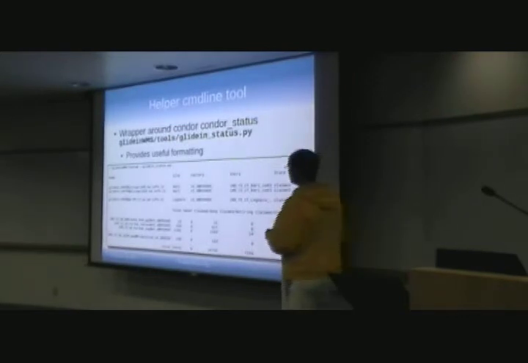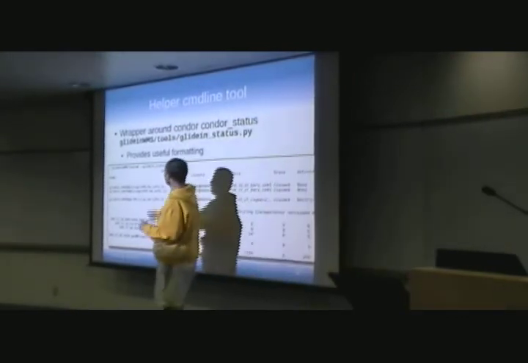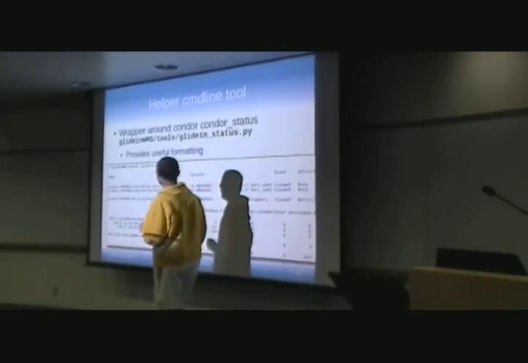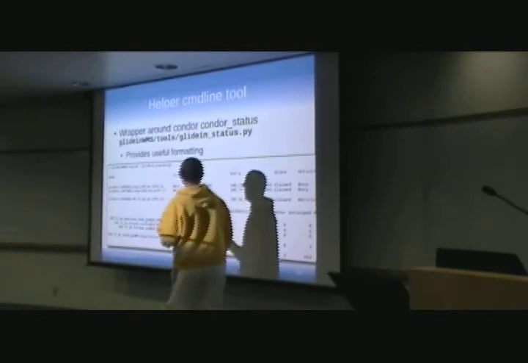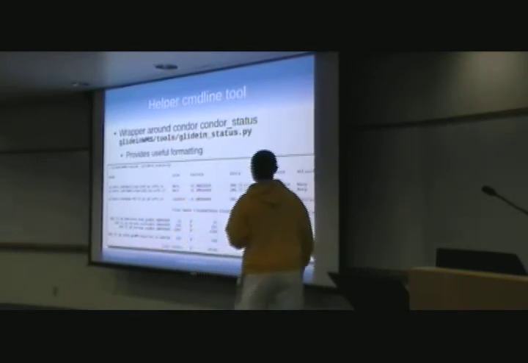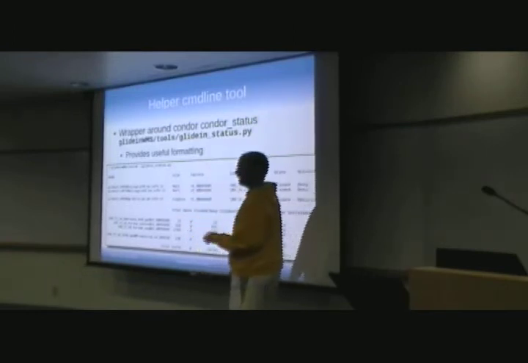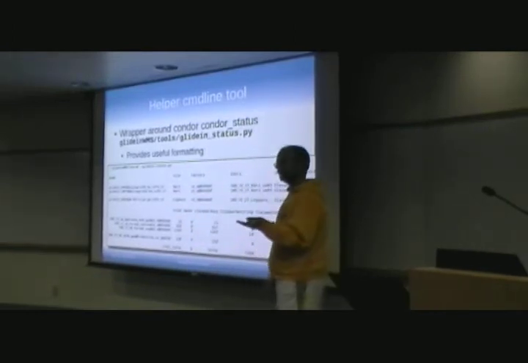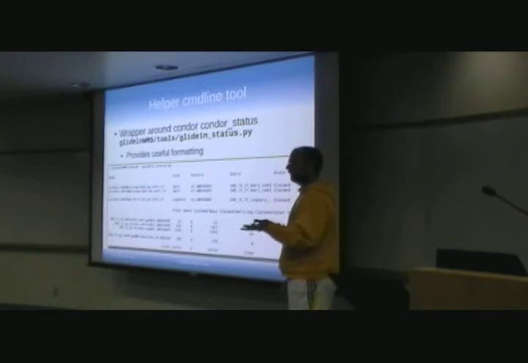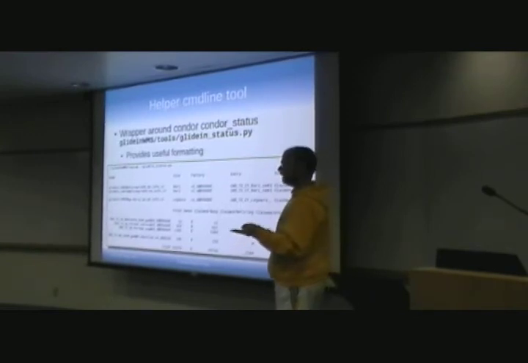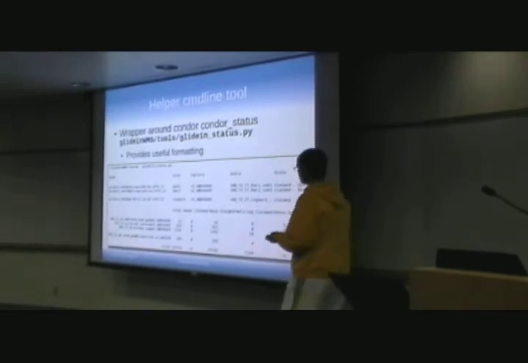So first, the helper command line tool. It's essentially very similar to condor_status. It's called glidein_status. But it provides 3 columns on top of condor_status and 2 less. We have removed advertised architecture and OS because they are usually not interesting in the glidein case.